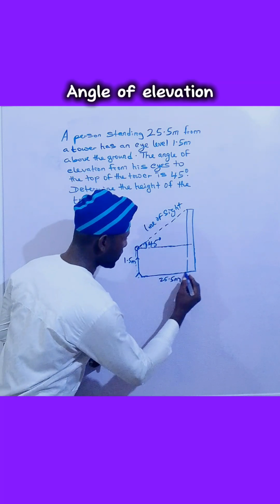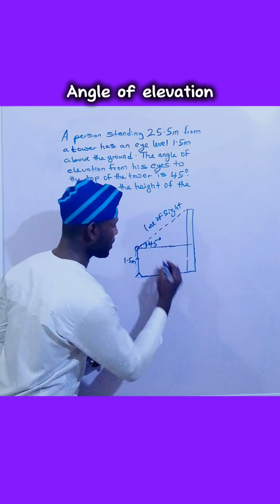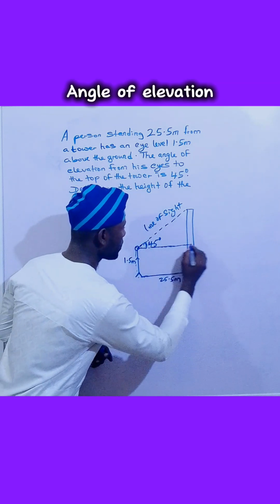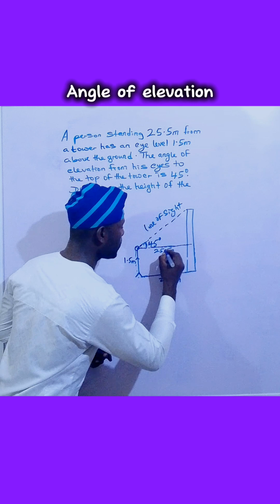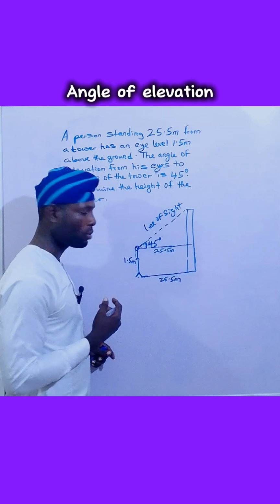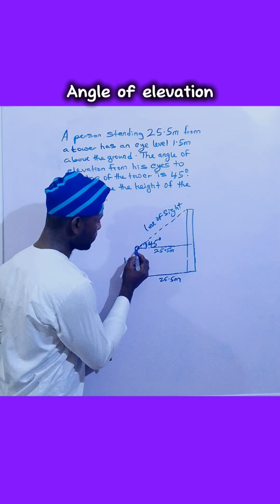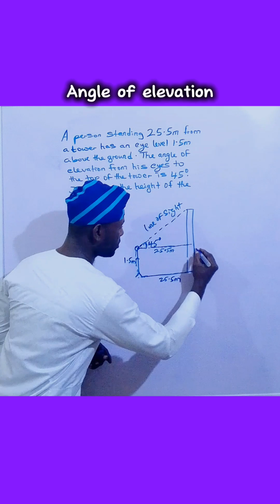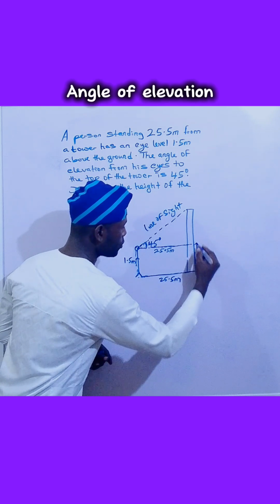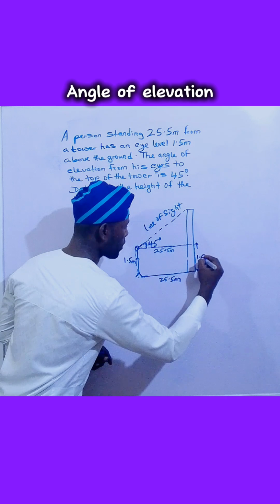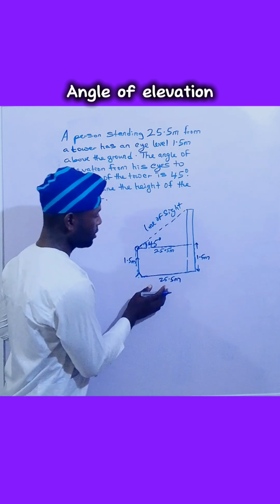If we have down here as 25.5 meters, up here will also be 25.5 meters. Likewise, this side will be equal to this side. From this point to this point, we have 1.5 meters.